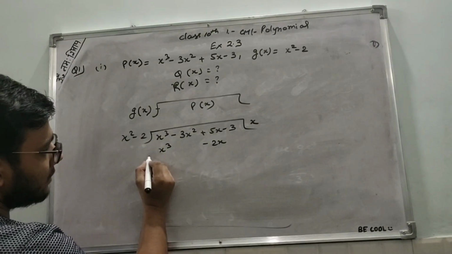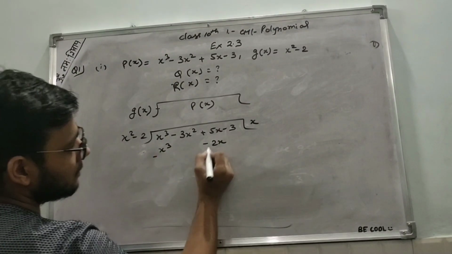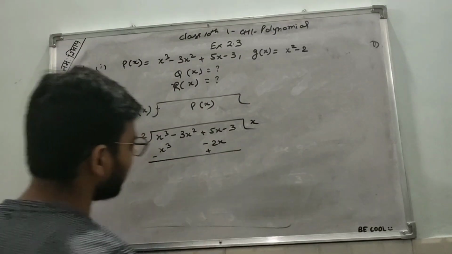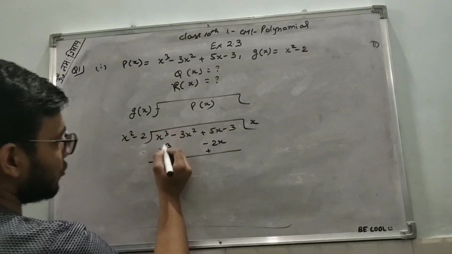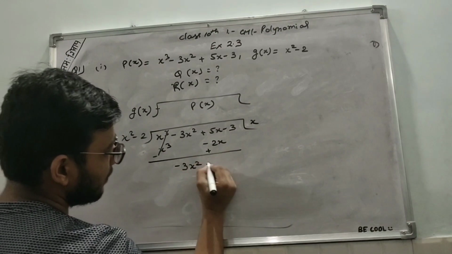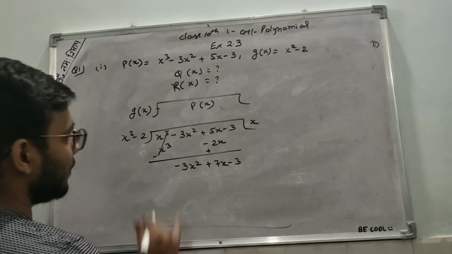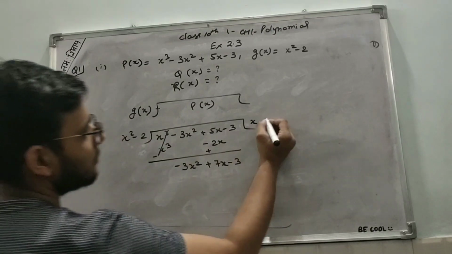Now we have to subtract it. When we apply minus here, this sign goes minus and this goes plus. So x³ and x³ cancel. Here you will write minus 3x² plus 7x minus 3. Now multiply by minus 3 in this.